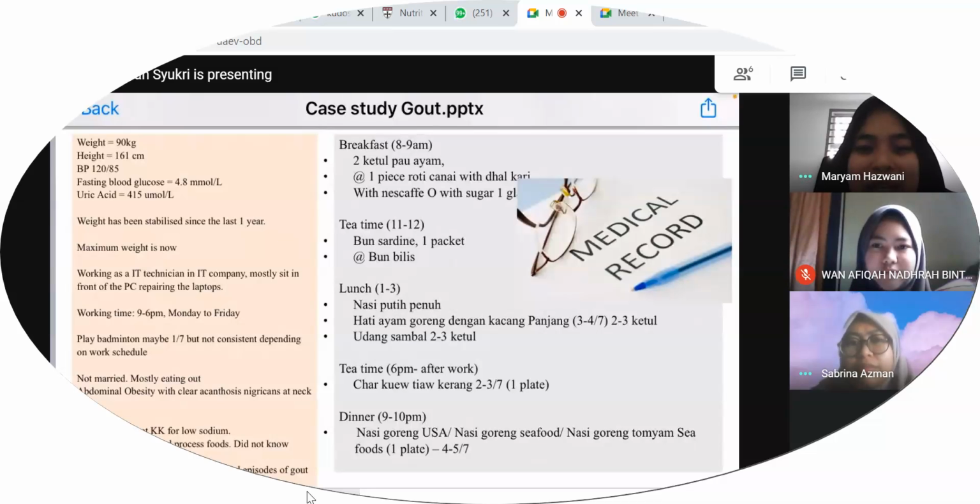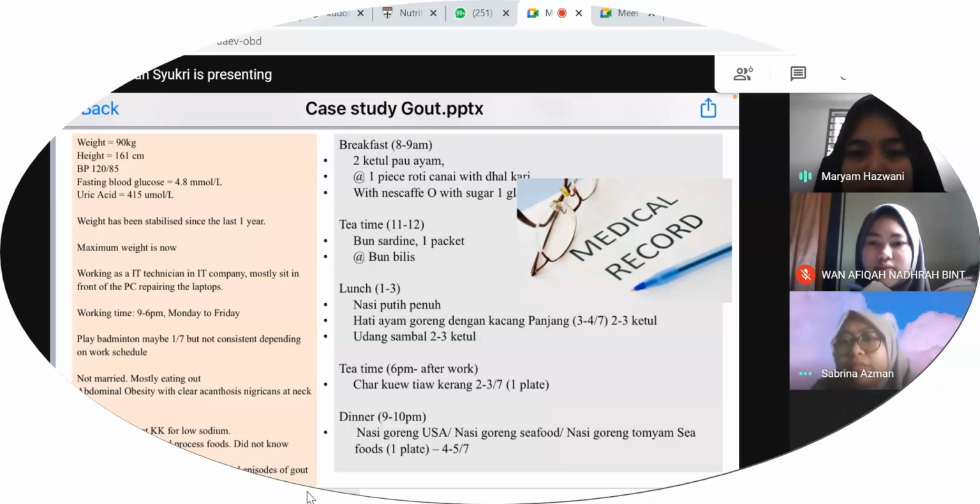Okay, so from breakfast, you can see that he consumed pulp, which we know is high in yeast, and also Nescafe, which is high in caffeine.